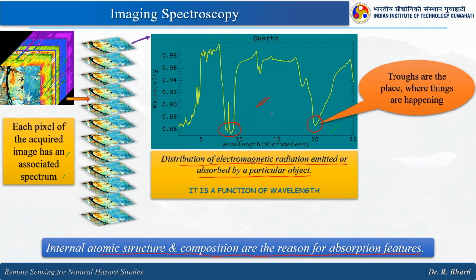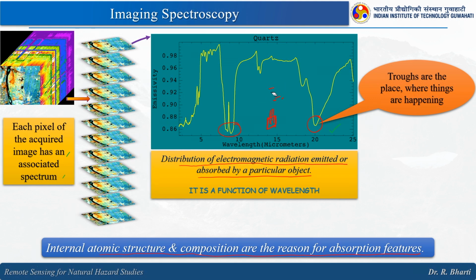Because here if we have the target and this is the sensor, it is looking at this particular area, and with the fixed IFOV it is generating pixel information. So the energy which is reflected, emitted or absorbed by this particular area or pixel will be recorded, and we will have this kind of spectral behavior, right.